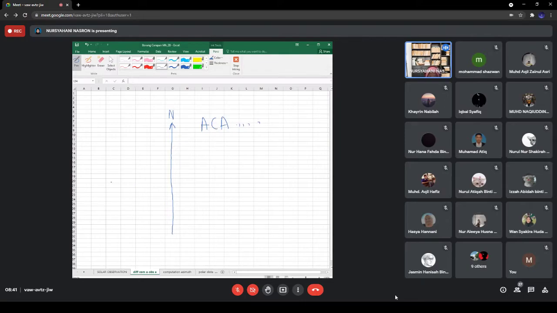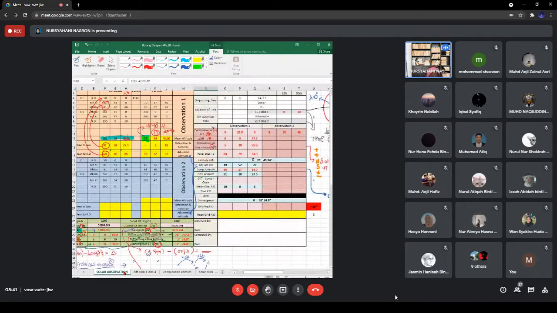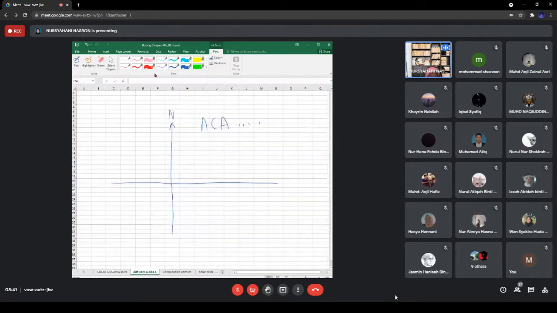For example, you observe A at 50 degree. This one, station 2 to station 1. For example, you observe 50 degree, 00 minute and 00 second.